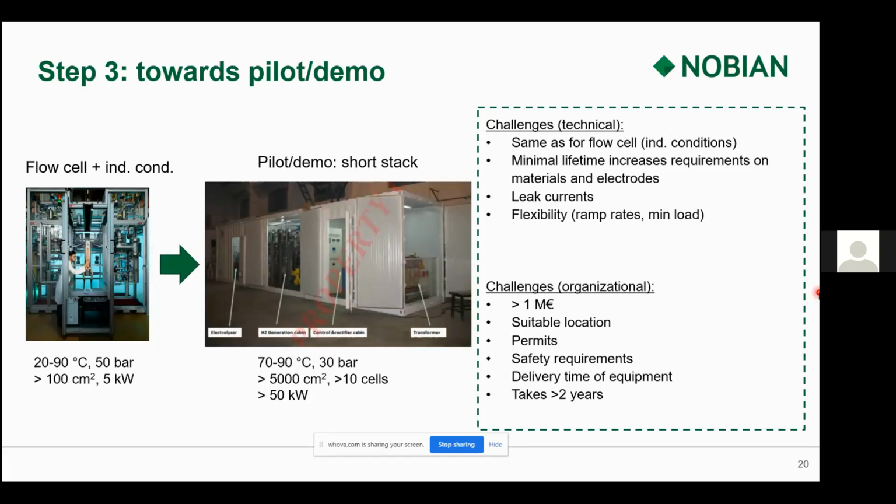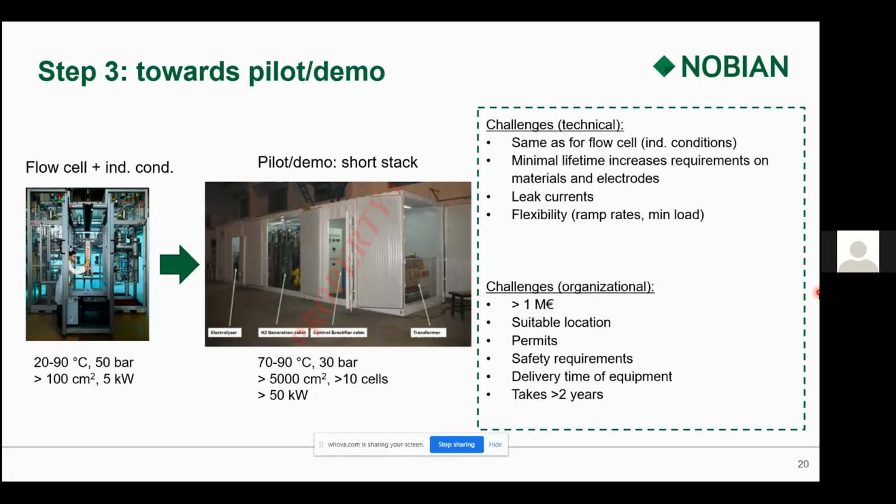There's a nice environment, you could say a pilot garden, where you can put a container and have an electrolyzer there. So there we are now building a pilot demo unit, a short stack of more than 50 kilowatt.